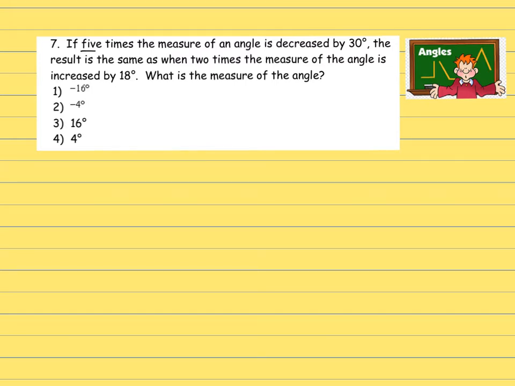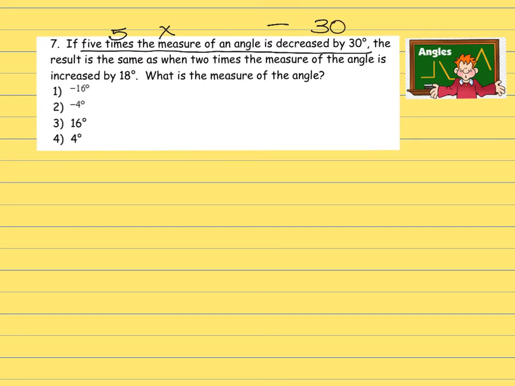So 5 times the measure of an angle is decreased by 30 degrees. We can rewrite this as 5 times the measure of an angle, the unknown quantity we can represent as x, decreased by minus 30 degrees.